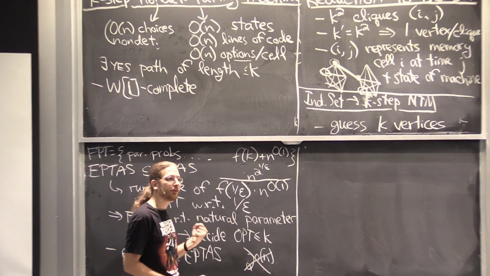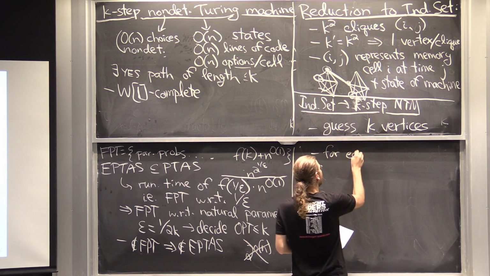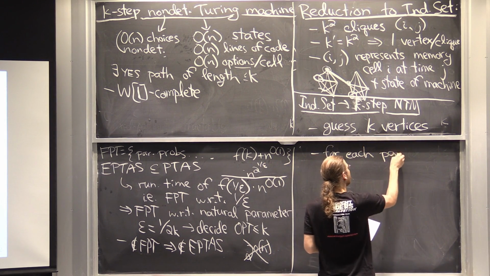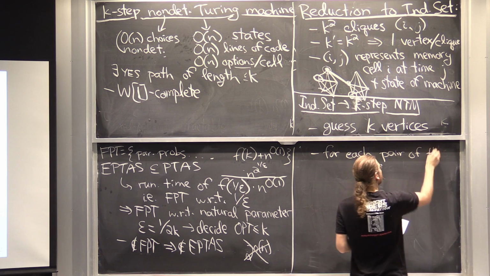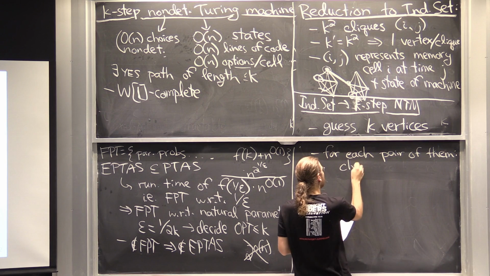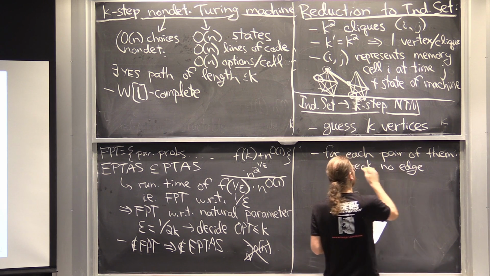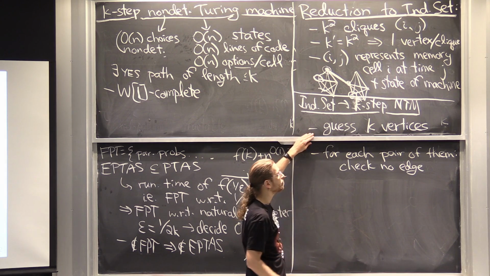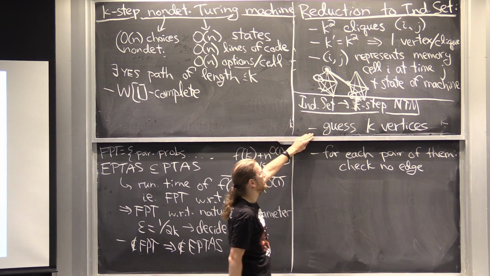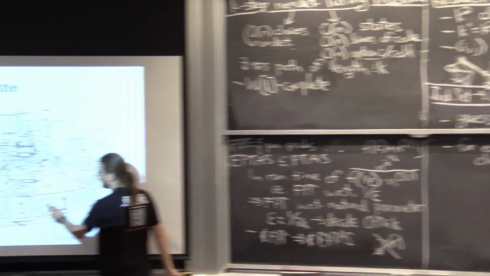And it's a little bit subtle what it means to check. Of course, what we want to do is make sure there's no edge between any pair of the chosen vertices. So what we're going to do is when we guess these k vertices, we're going to write them one at a time on the tape squares.